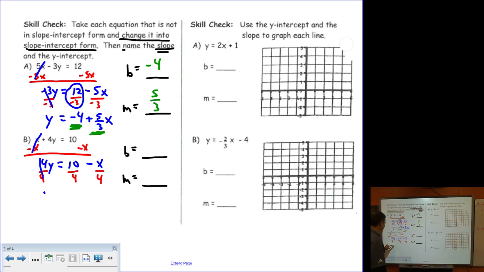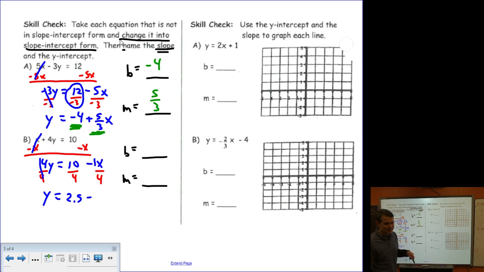And that gives me, well, 10 divided by 4, I'm going to make it a decimal. 10 divided by 4 is 2.5 minus. Now you want to remember there is a number in front of that x even though we don't write it. The number 1, that's like 1x is in front of the x. So this is really -1 divided by 4.